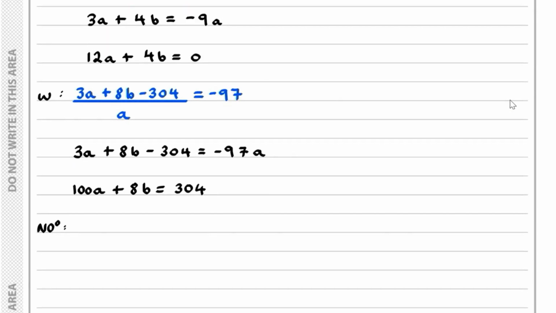So if we compare the number terms, we have a minus 60b minus 304 over a.